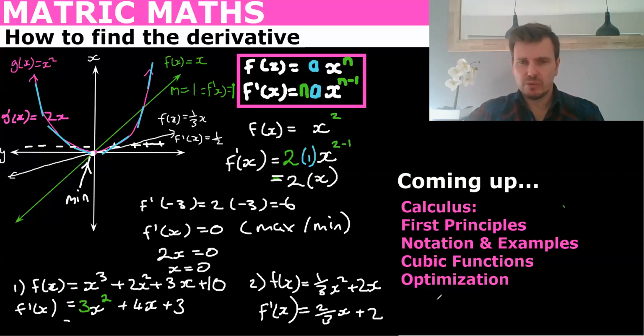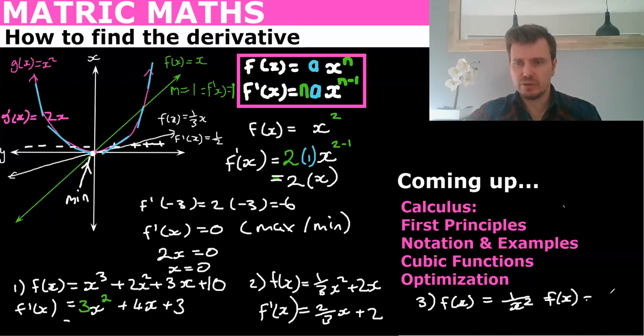Let me just do one more with a negative exponent. Say you get f of x equals 1 over x squared. What you first have to do is write f of x equals, and I take the x squared to the top, so we'll keep the 2 at the top. The x also goes to the top, and when x squared goes to the top, it becomes x to the minus 2.